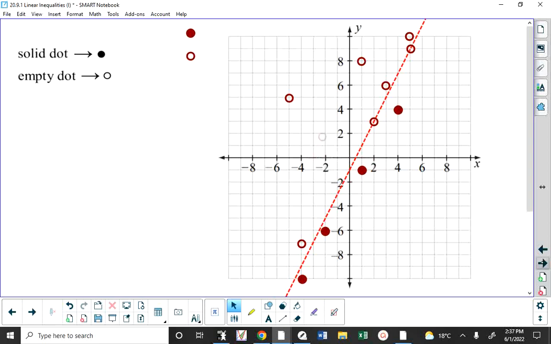Oh, negative 2 comma 3. There we go. Negative 3 comma negative 9 is, and finally, negative 1, negative 3 is not. How many of you have an inkling as to what is going on here, what I'm driving at?